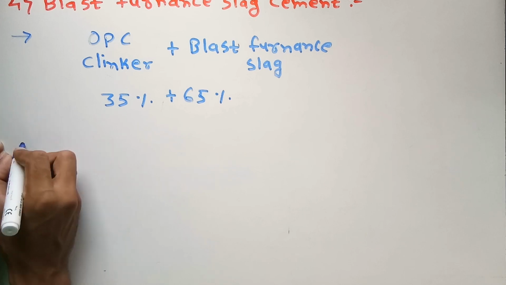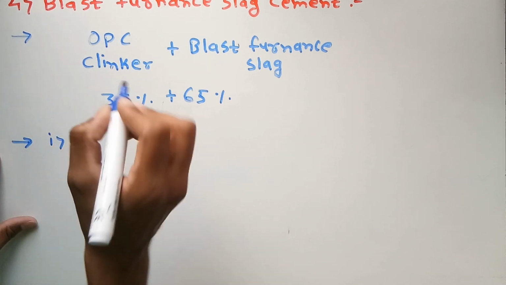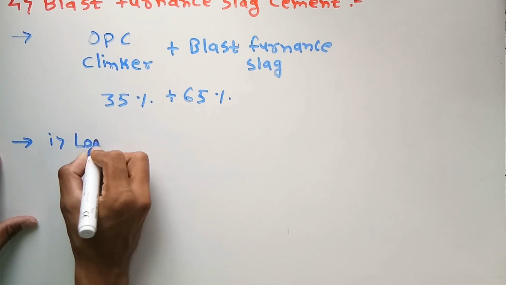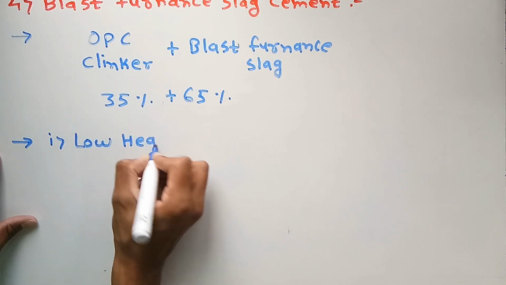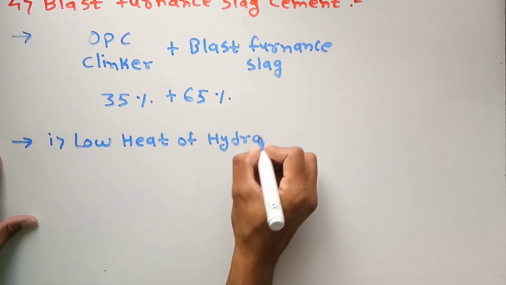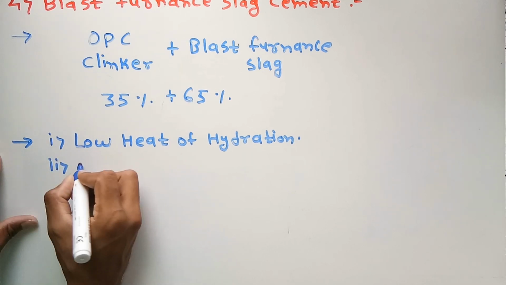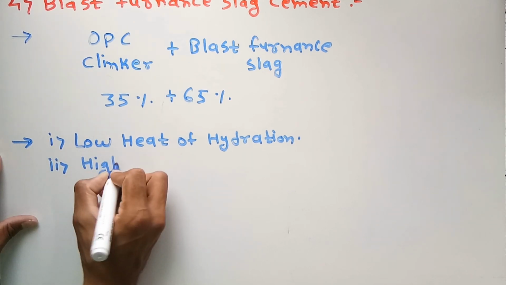Now we will see some properties of the blast furnace slag cement. The first property, it delivers low heat of hydration. The next property, it is highly durable, so it gives high durability.